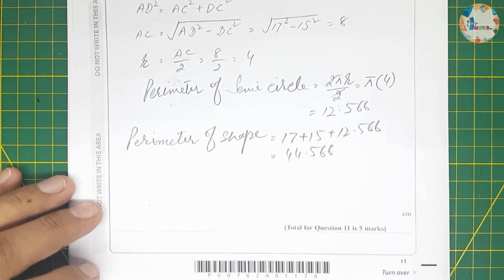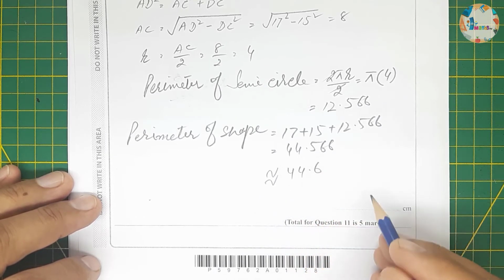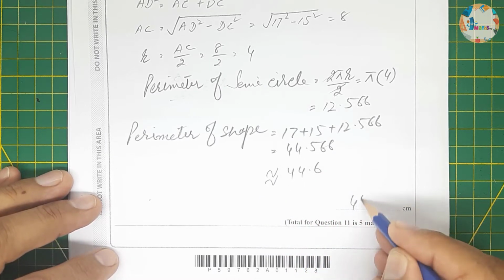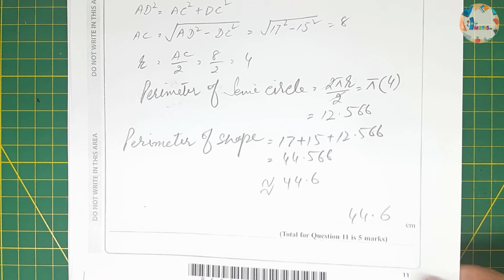So we can write it approximately equal to 44.6. So our answer will be 44.6 centimeters. Hopefully you understood this.